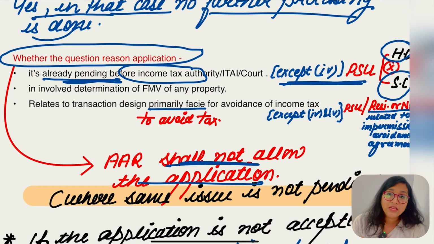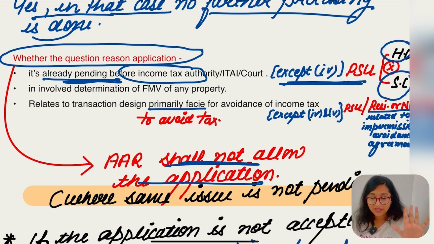We have 5 people who can go for the advance ruling, right? If any of their cases is already pending before either the Income Tax Authority or ITAT, in that case they cannot go for advance ruling. But there was an exception in the case of the fourth, which is PSU, the government company.